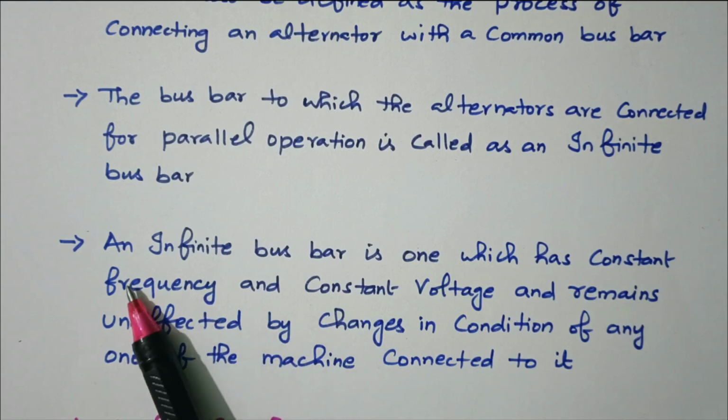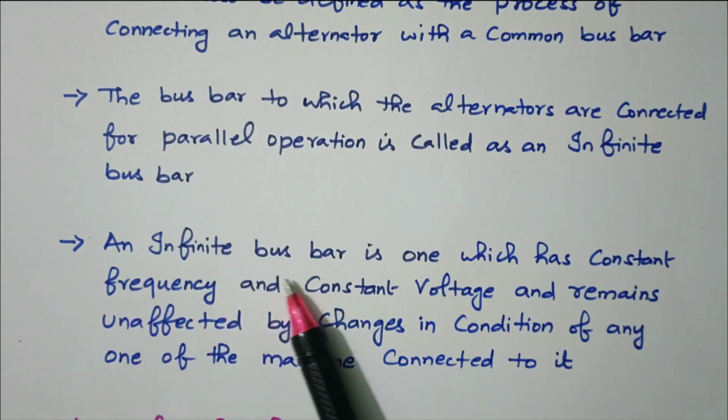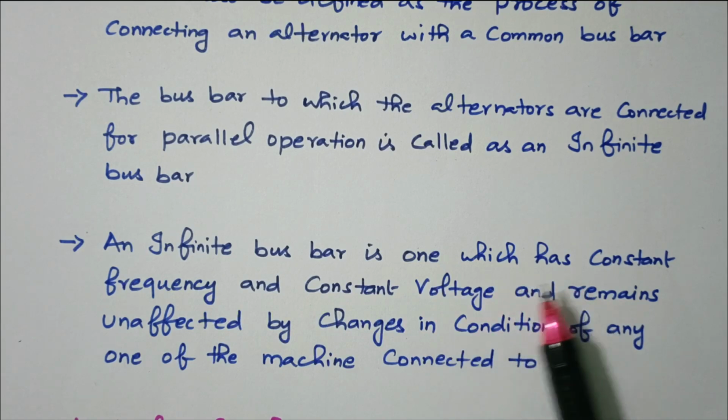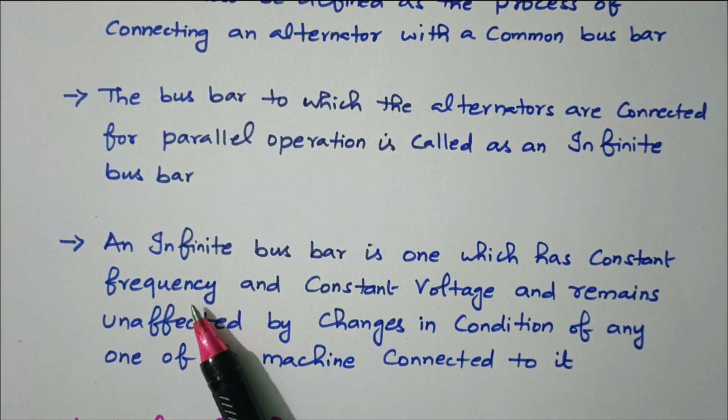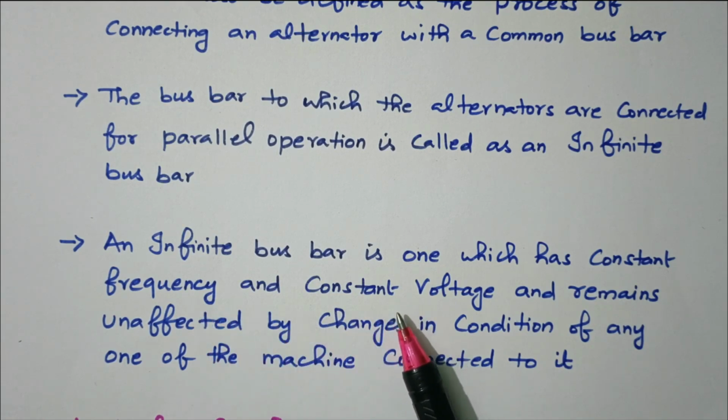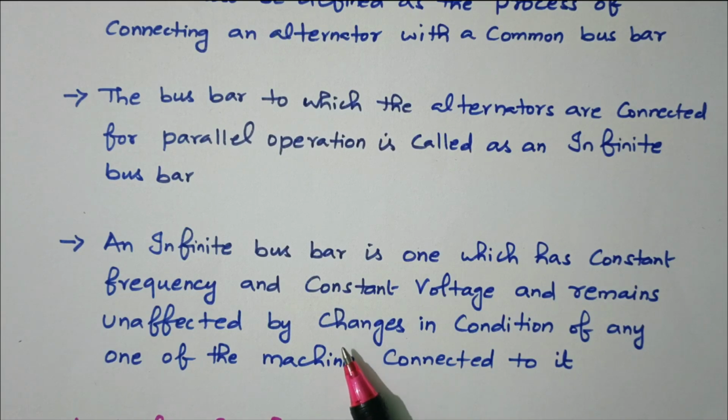What is infinite bus bar? An infinite bus bar is one which has constant frequency and constant voltage and remains unaffected by changes in condition of any one of the machines connected to it. So while connecting a number of alternators, the frequency and voltage should be constant.